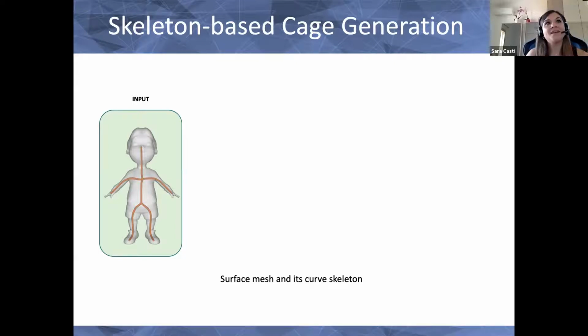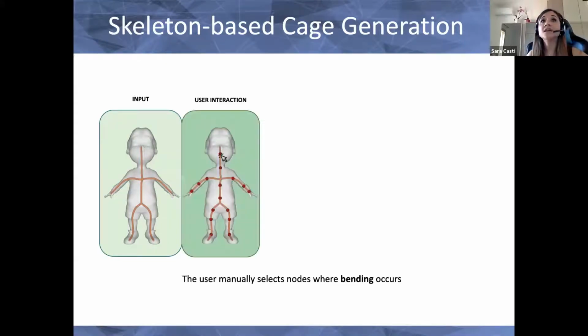So we are picking the semantics from this shape descriptor. Starting from a surface mesh and its curved skeleton, the user has to select the nodes where they want the bending to occur. So you want to refine the cage in correspondence of these nodes.